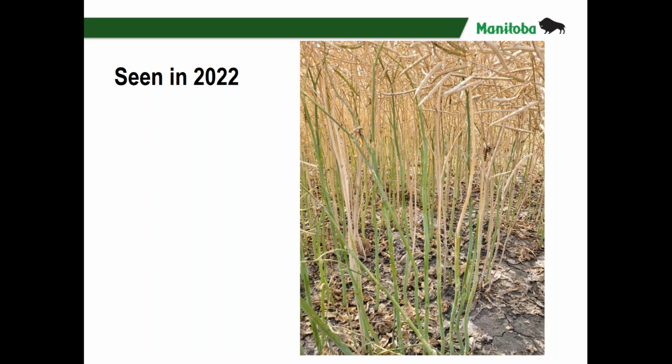So this is a picture that I took there. If you were just walking into the field and were down on your hands and knees, you might think, oh, there's a lot of sclerotinia here, those bleached white stems at this stage. But in fact, this turned out to be Verticillium.